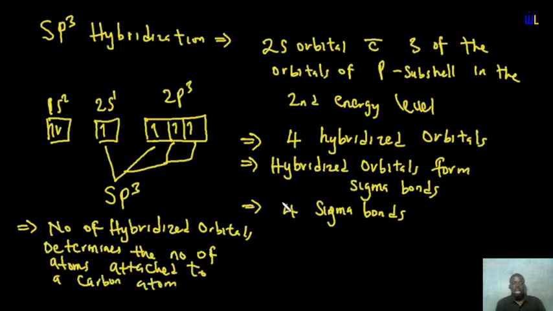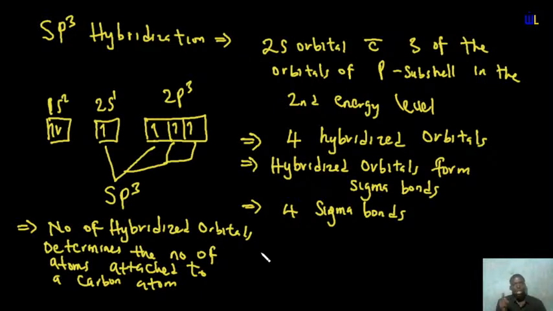Once you notice that there are 4 atoms surrounding or attached to a particular carbon atom, the implication is that the form of hybridization that occurs is sp3, making it up to 4. One of the s was combined with 3 of the p's, and all together you now have 4 hybridized orbitals. So just have that in mind. In sp3, you have 4 hybridized orbitals, and those 4 hybridized orbitals will now form 4 sigma bonds.